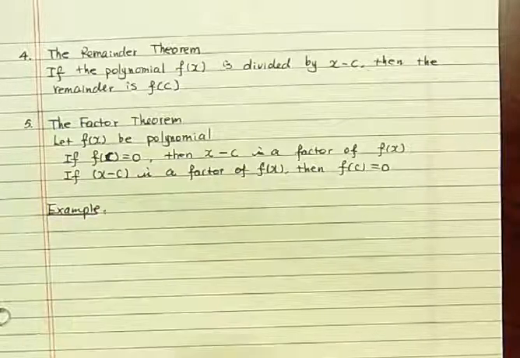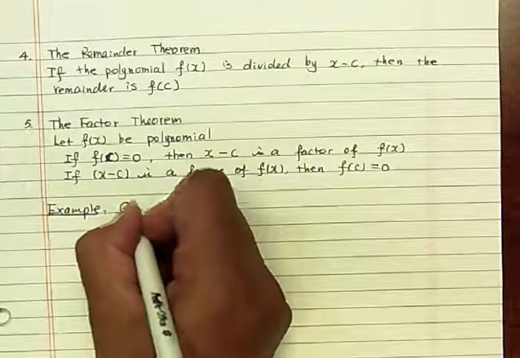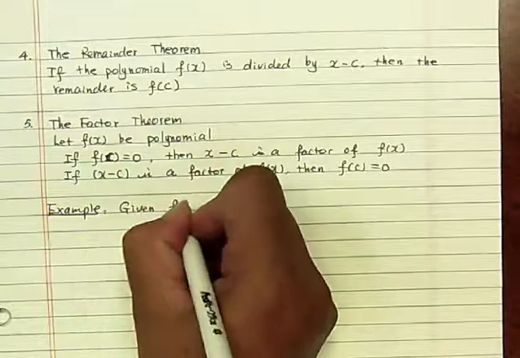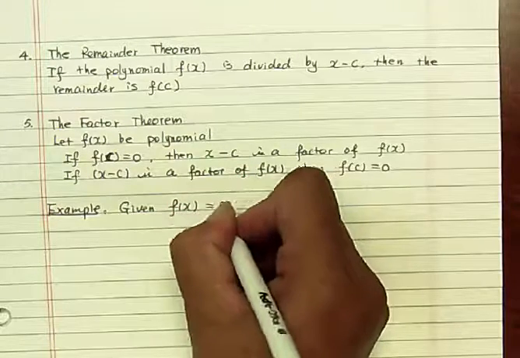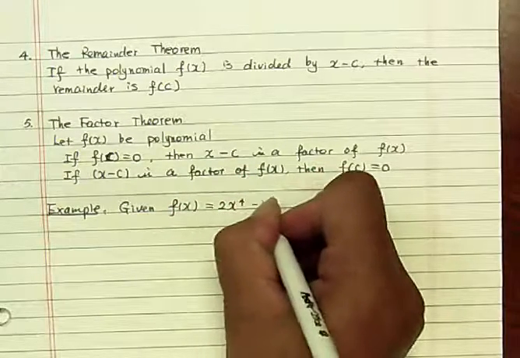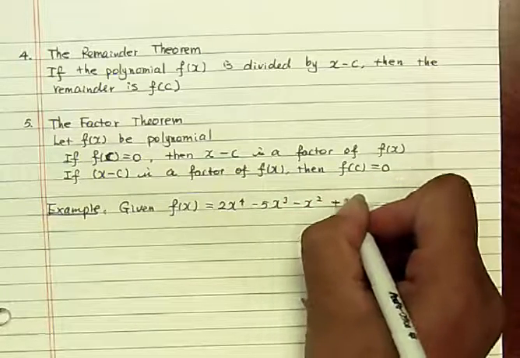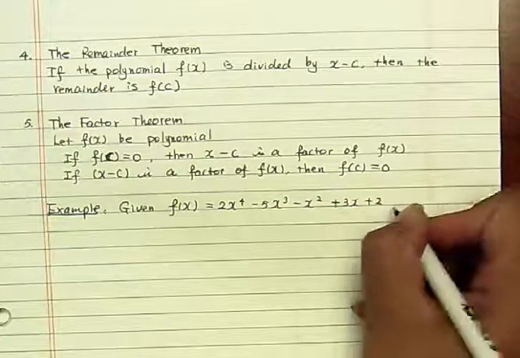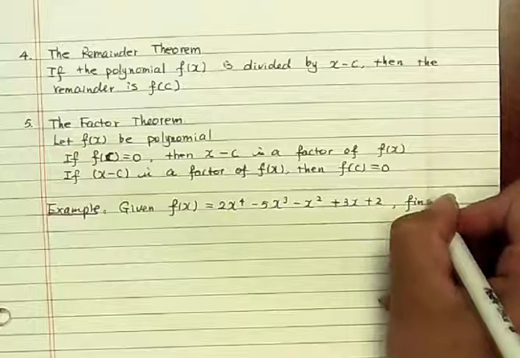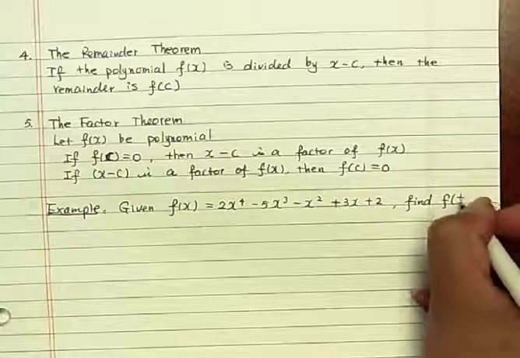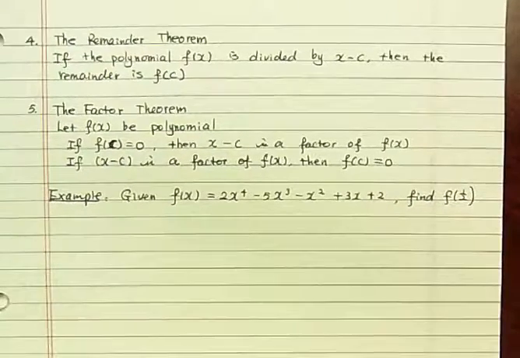We are given the function f of x equals 2x to the 4th minus 5x cubed minus x squared plus 3x plus 2. We are going to find f of 1/2.